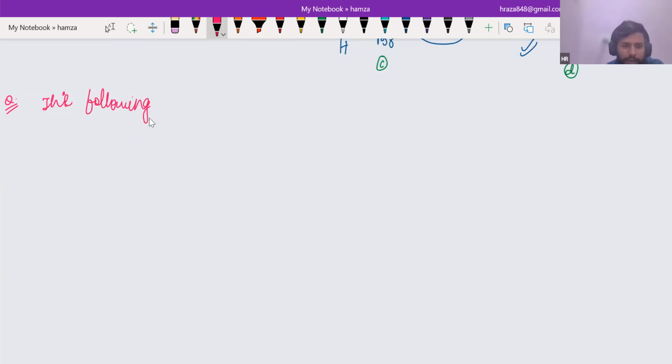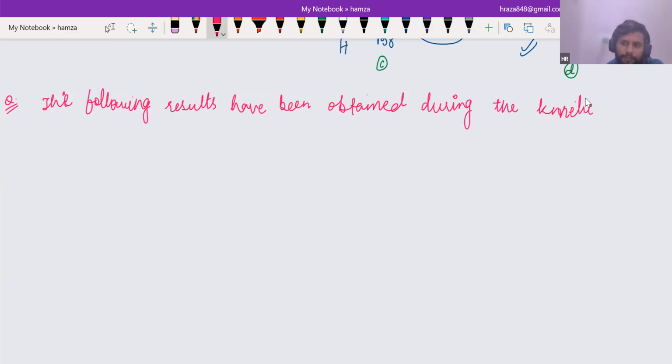The following results have been obtained during the kinetic studies of the reaction.